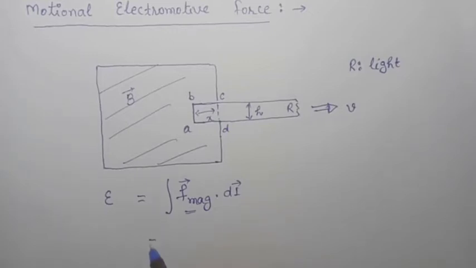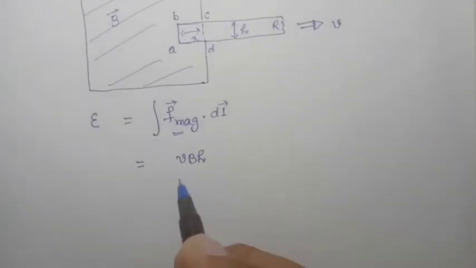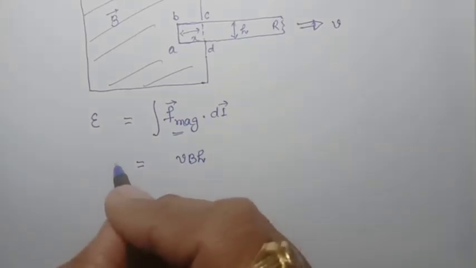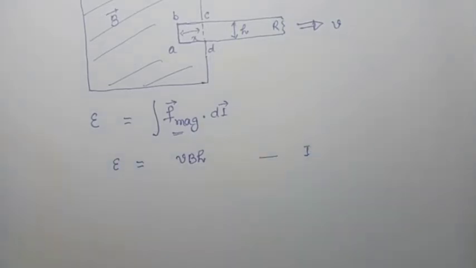So this EMF is equal to vBH, where v is the velocity of the rectangular loop, B is the magnetic field, and H is the width of the loop. Okay, so this is the EMF. Suppose this is equation number 1.